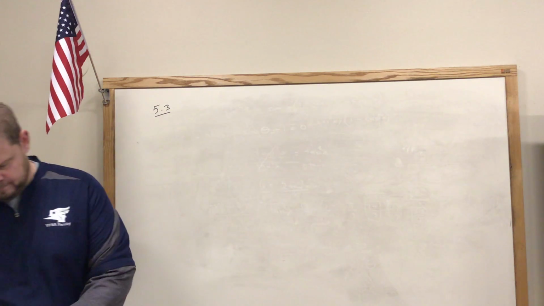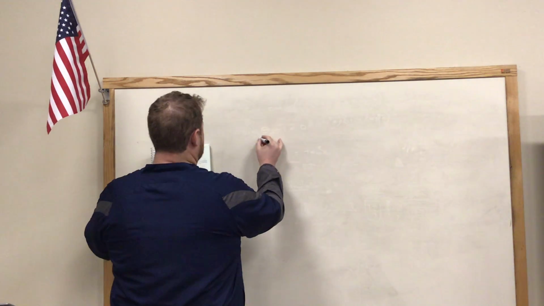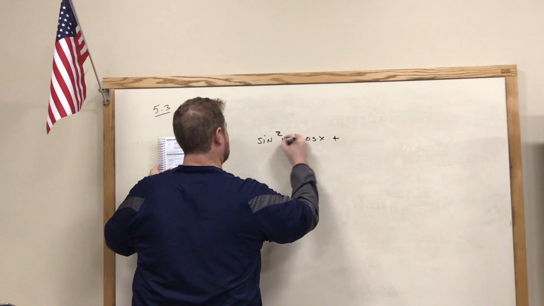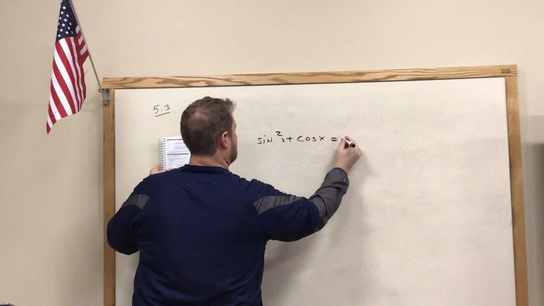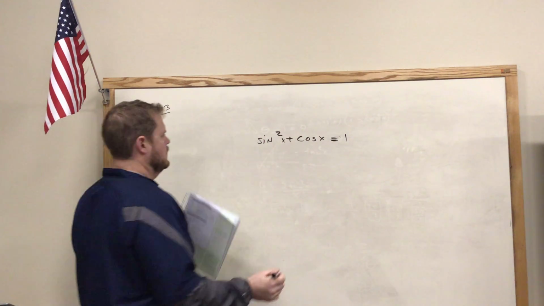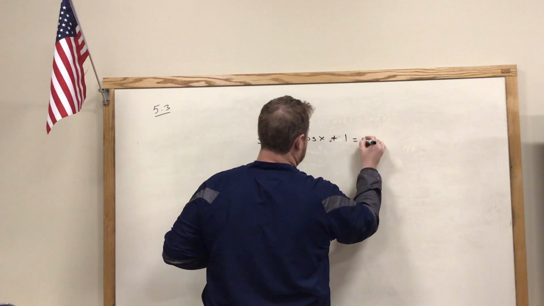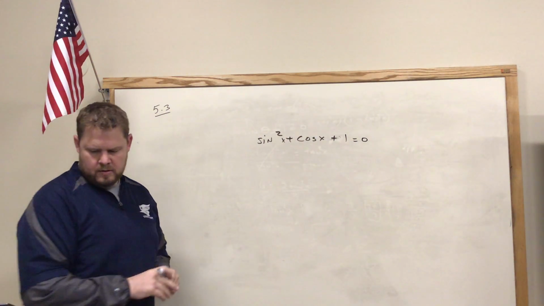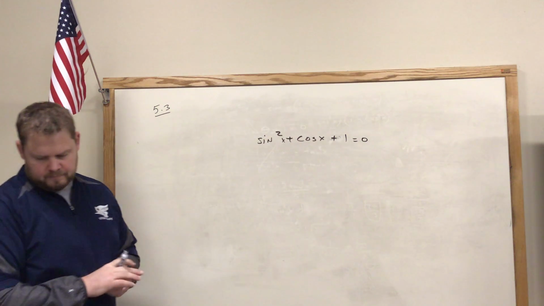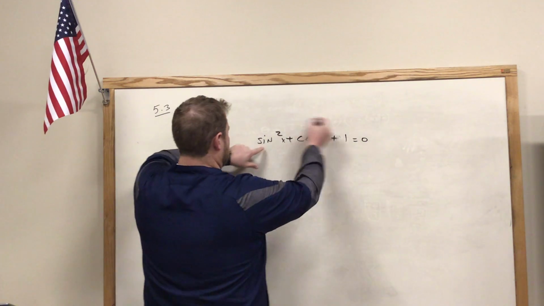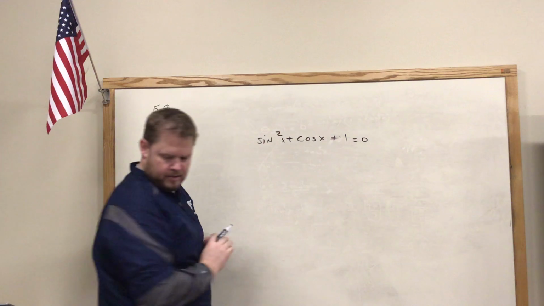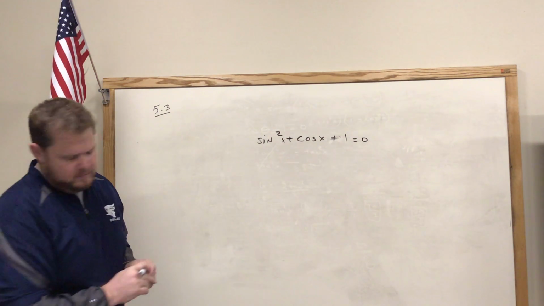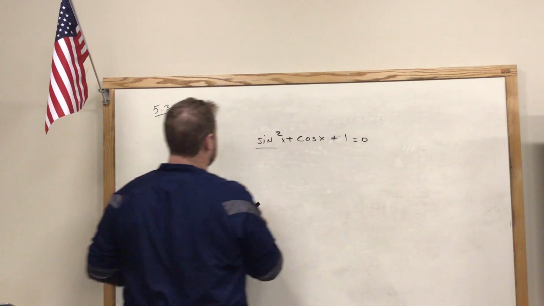All right, next one. Sine squared x plus cosine x plus 1 equals 0. So what do I do first? Combine some terms, bring some terms around. First off, what can sine squared be replaced with?